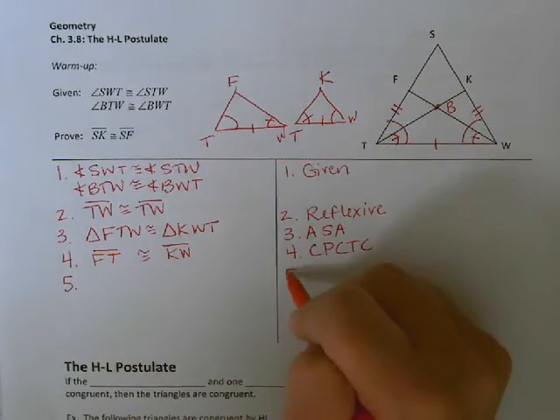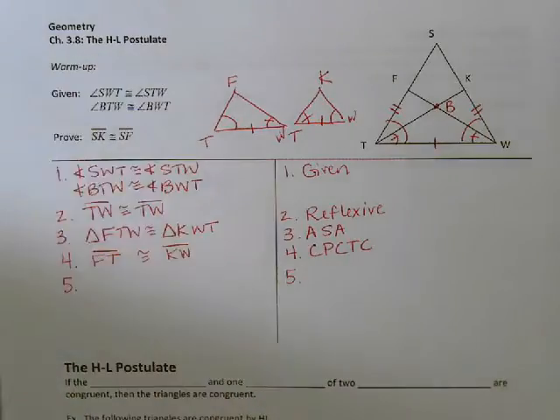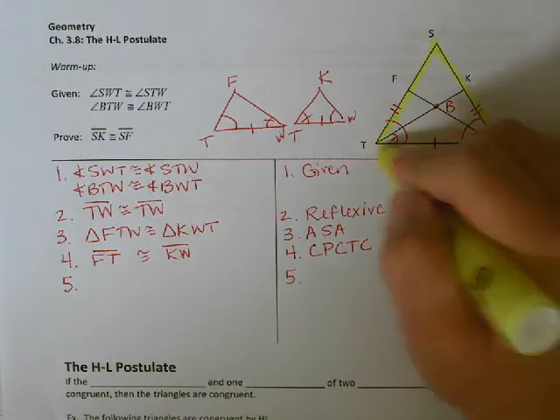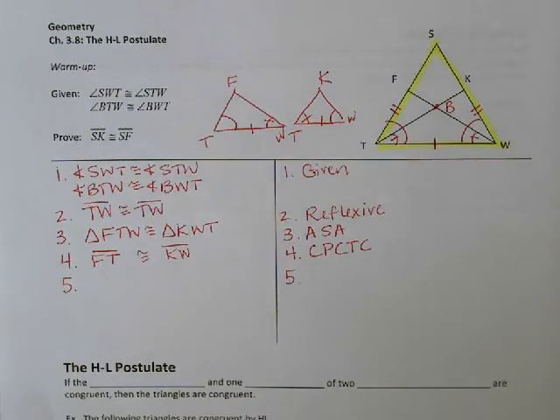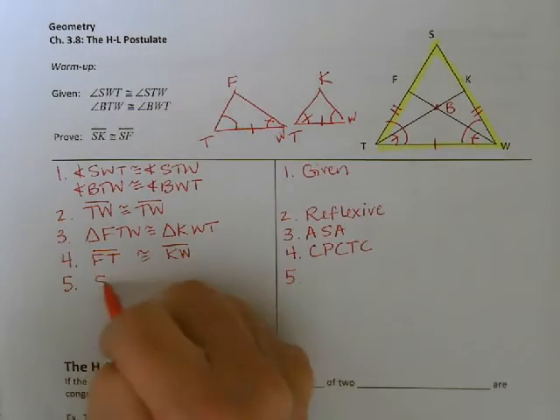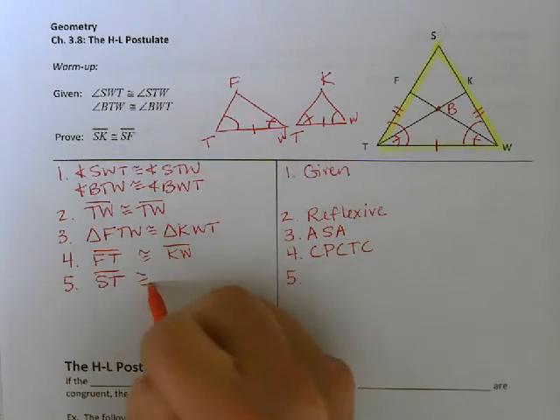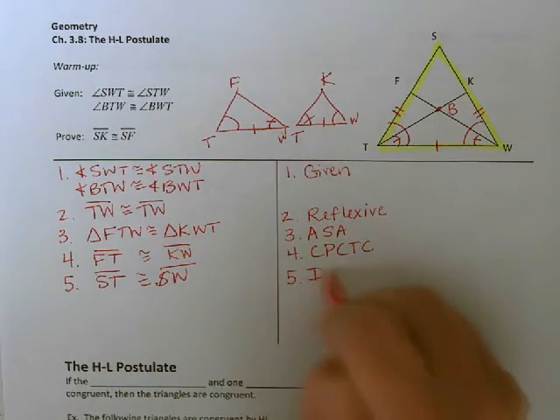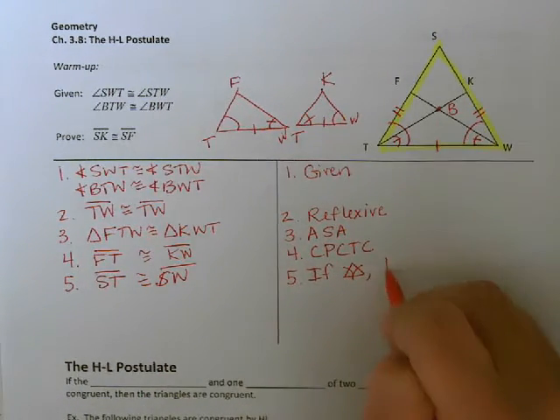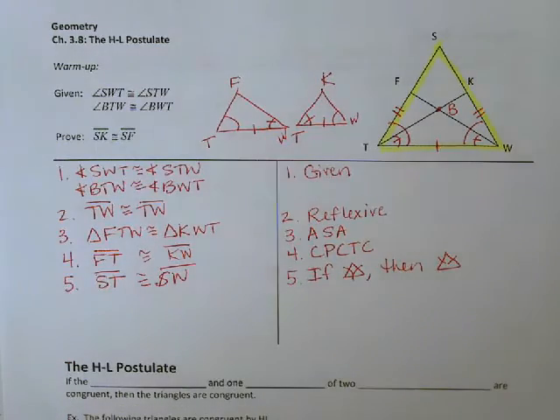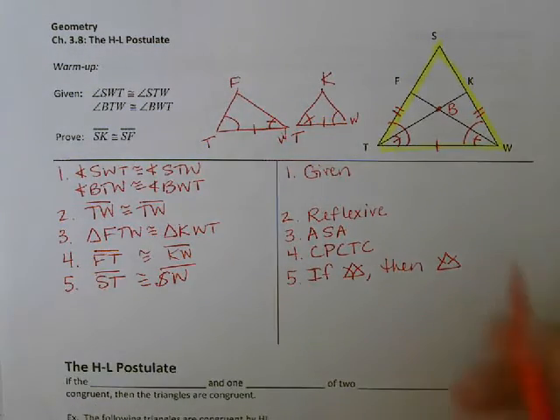Now, in step 5, if I look at this isosceles triangle here, I can see that my base angles are congruent. And so that means that ST is going to be congruent to segment SW, because if the base angles of a triangle are congruent, then the sides opposite them are congruent. So that's just some practice with one of the theorems from the prior lesson.